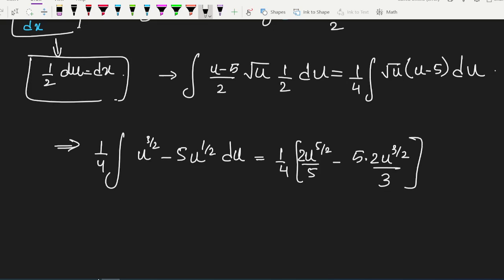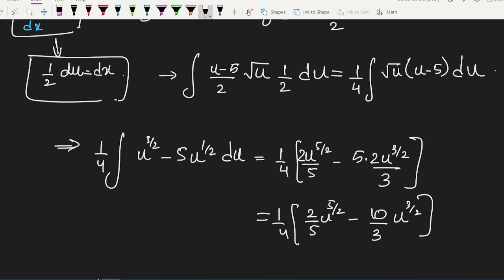So this becomes 1 over 4 times 2 over 5 u raised to the power of 5 by 2 minus 10 over 3 u raised to the power of 3 by 2, and we have 1 over 4 outside.